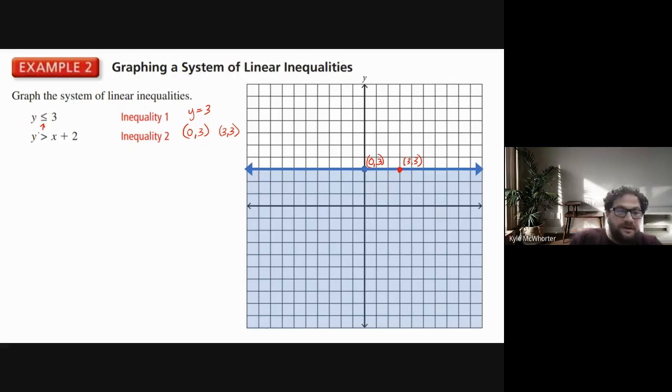Now to graph the second inequality, we want to think about the line y equals x plus 2 and think about what points we're going to have there. So we've got a y-intercept of 2. That means we get a point over 0, up 2.